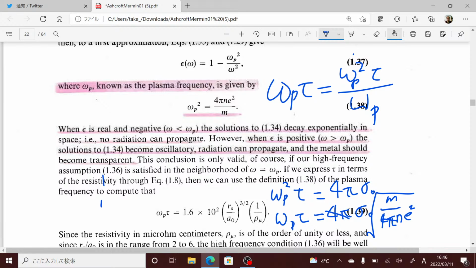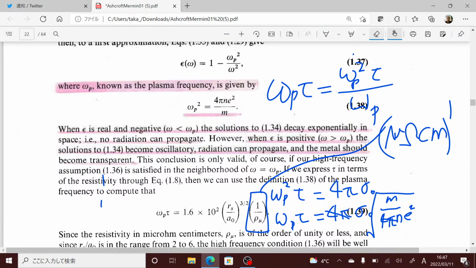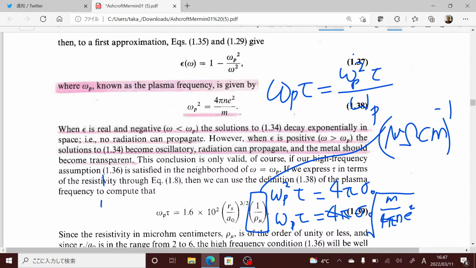I think this unit is screwed up. This has some dimension, like micro ohm centimeter inverse. Then this is dimensionless.